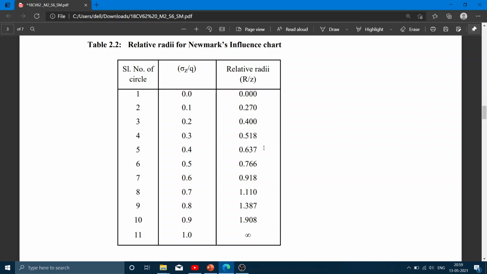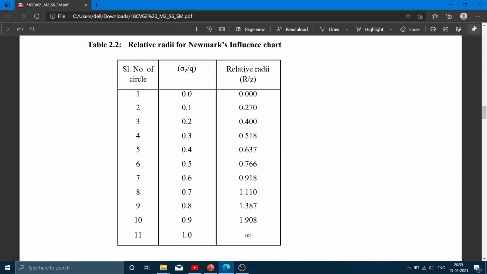Each ring or annular space causes a stress of q by 10 at a point beneath the center at the specified depth z. Since the number of annular spaces is 10, each loaded area enclosed between any two successive circles contributes the same influence on the vertical stress at the point we require.